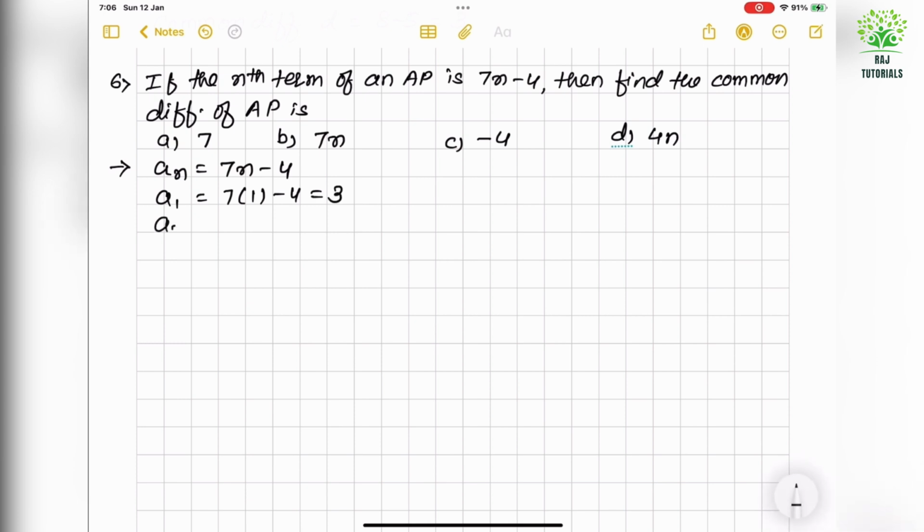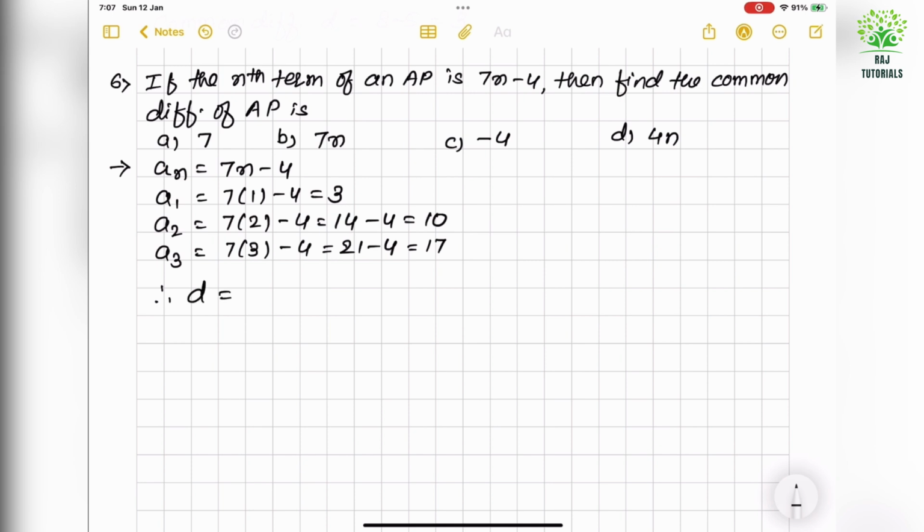A2 will be 7 into 2 minus 4, so 14 minus 4, that is 10. A3 will be 7 into 3 minus 4, so that will be 21 minus 4, 17. So therefore d will be equal to A2 minus A1. So that is 10 minus 3, that is 7.